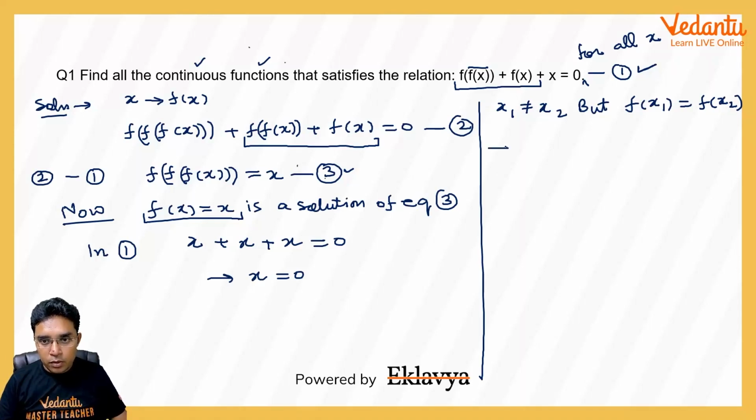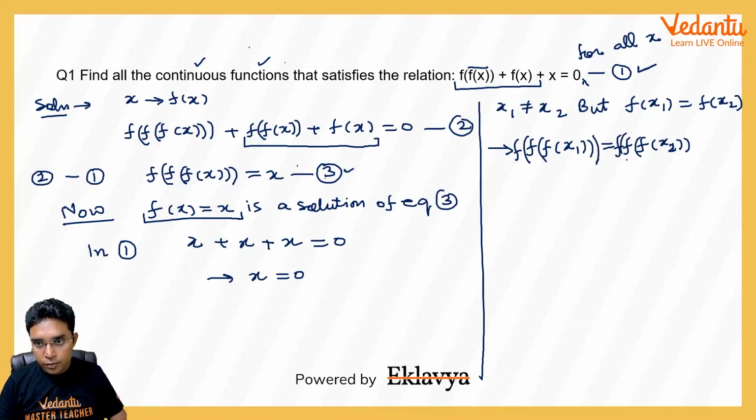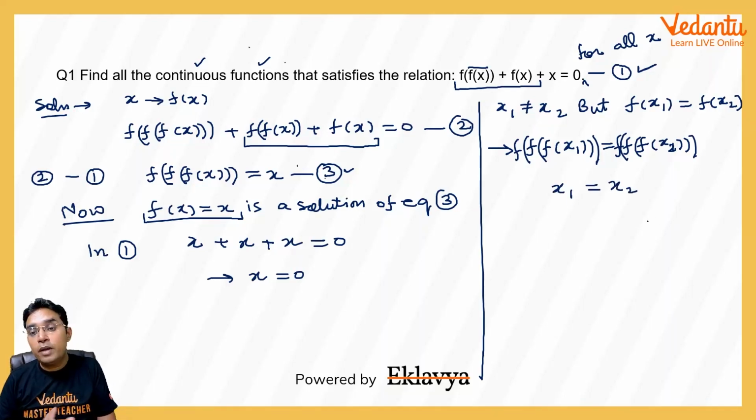Then what we can do, we can apply f one more time, because f(x1) is equal to f(x2), then f(f(x1)) has to be equal to f(f(x2)) also. And taking one more time, f of f of f of x1 will also be equal to f of f of f of x2. But these things from equation number 3 have to be x1 and x2, and hence x1 should become equal to x2.